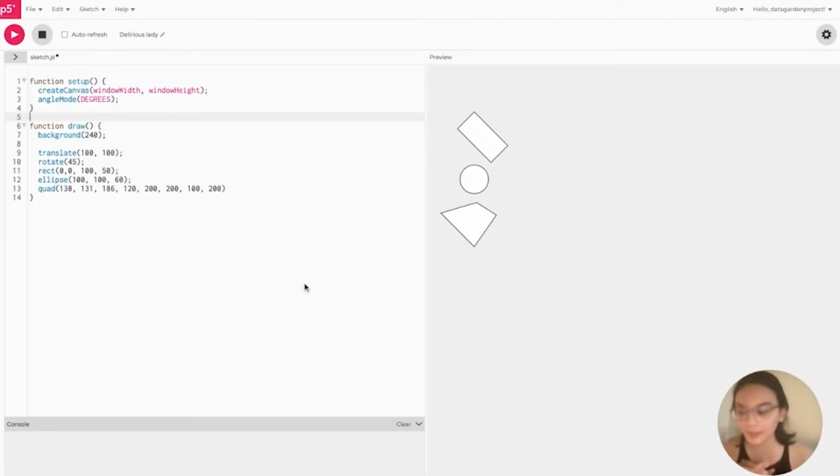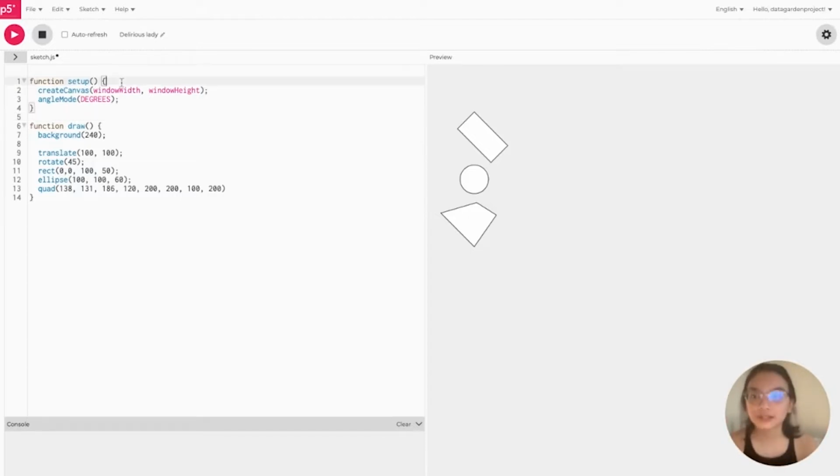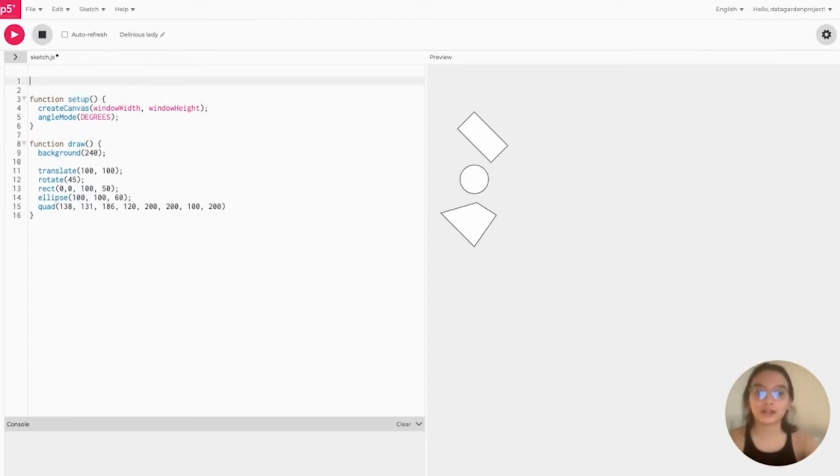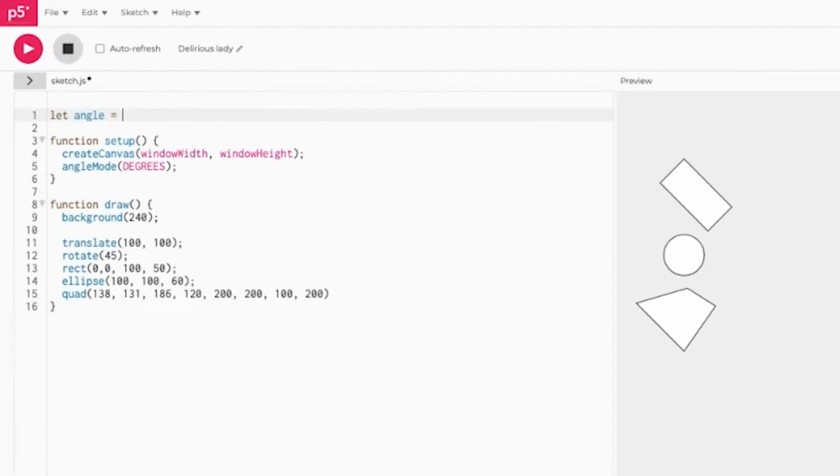And so going back here, what we can also do is have the objects spinning continuously. Firstly, we make an angle variable, so let angle, and we're going to specify it as 0 as a global variable. Next, we've got angleMode(DEGREES), that's checked. And then in the draw function, which loops continuously, as we all know, at the end of the draw function, I'm going to set angle equals angle plus 1.